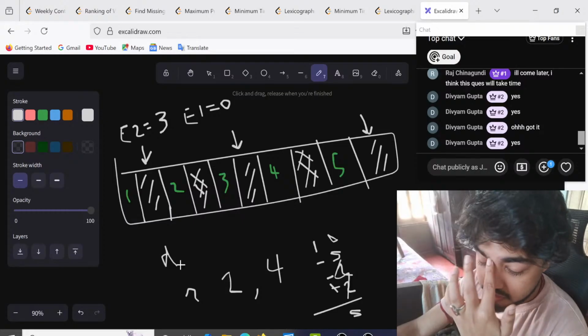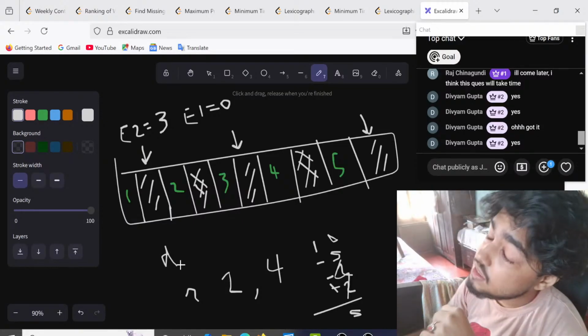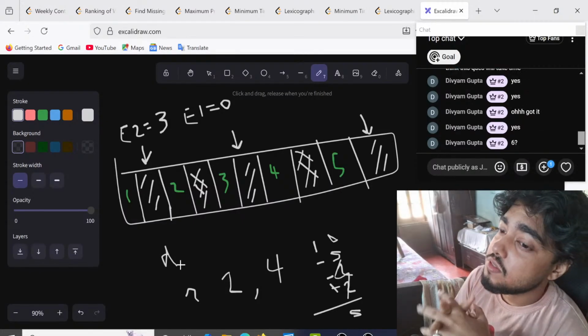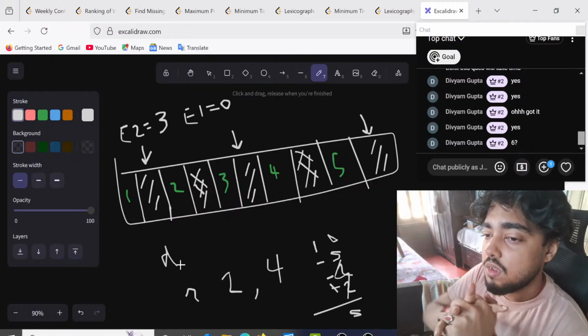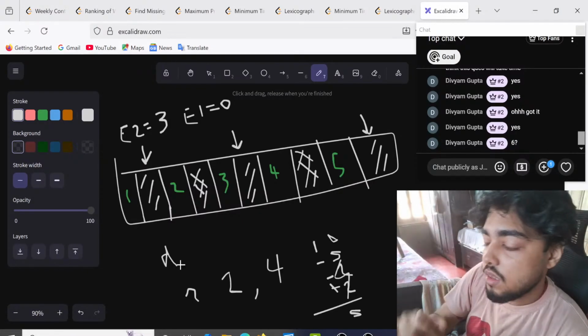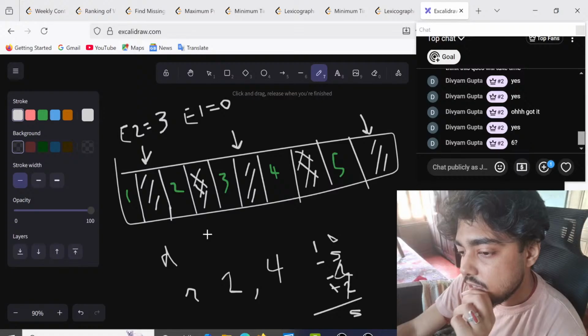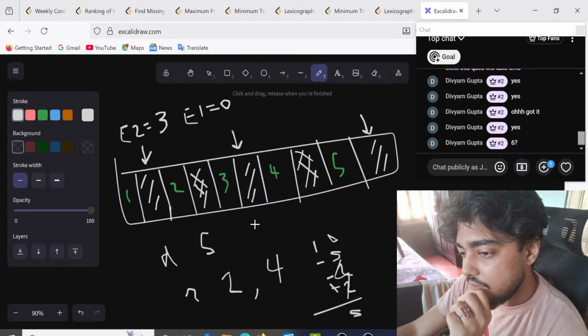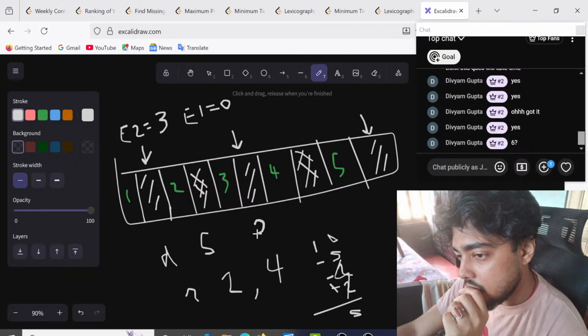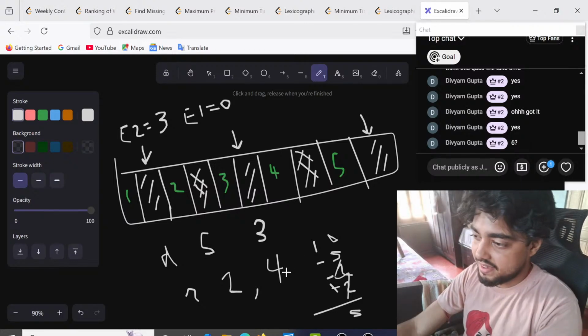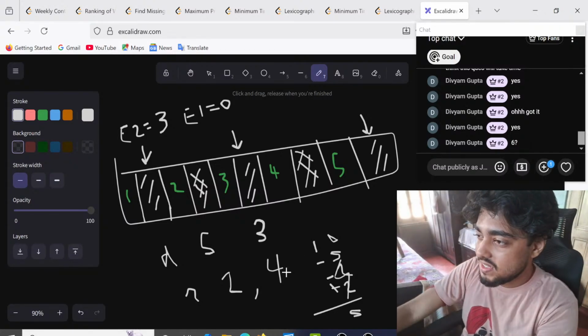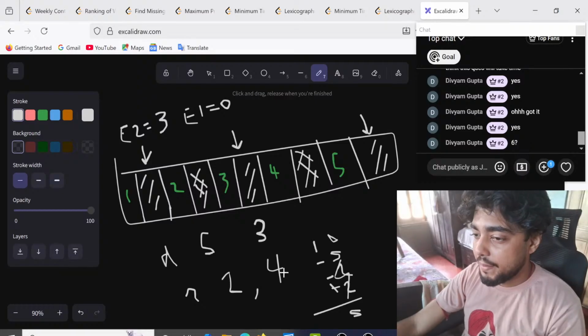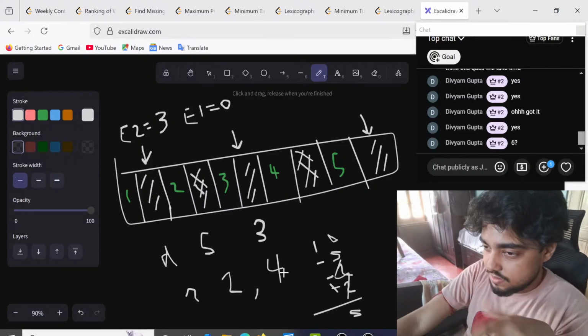Let's say D is 5 and this is 3. Look, 5 and 3. Now it will be fun to understand, okay?